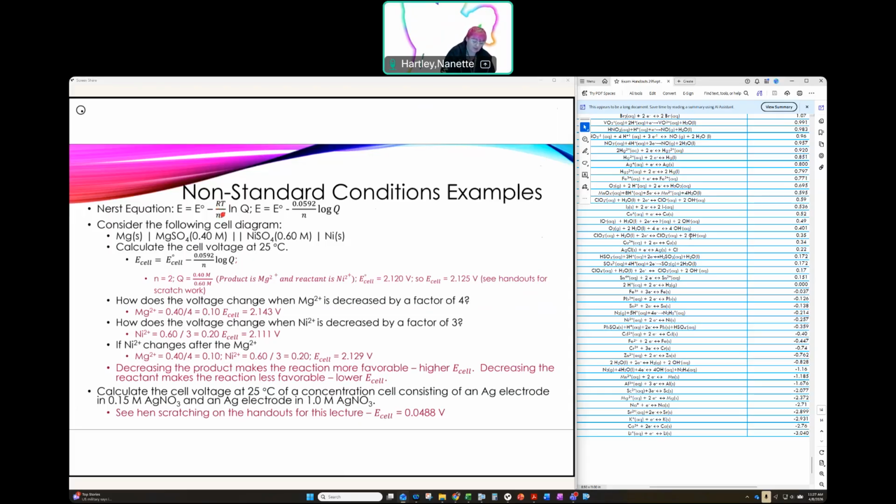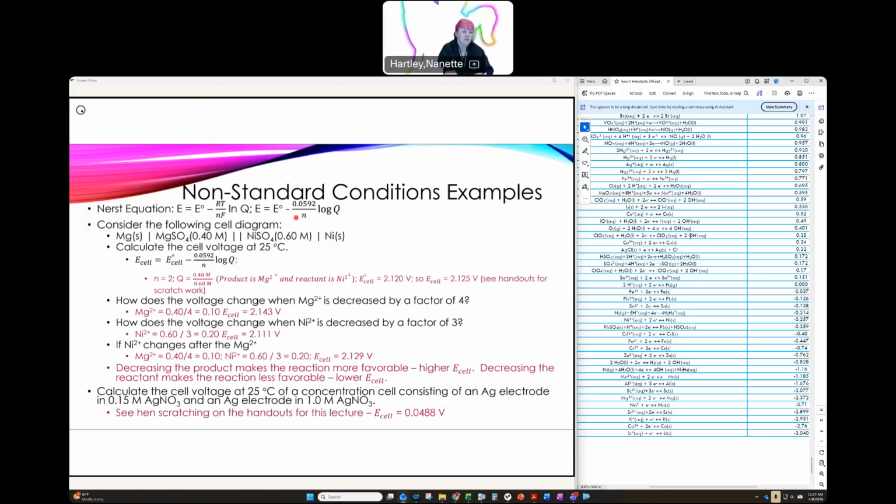If I'm at the right temperature, this reduces to this. So it would just be 0.0592 over N times the log of Q. So if we're at standard temperature, which is always the way I'm going to ask you, so never non-standard temperature, so always this version. Both of these are on the test. This is the one you primarily work with.